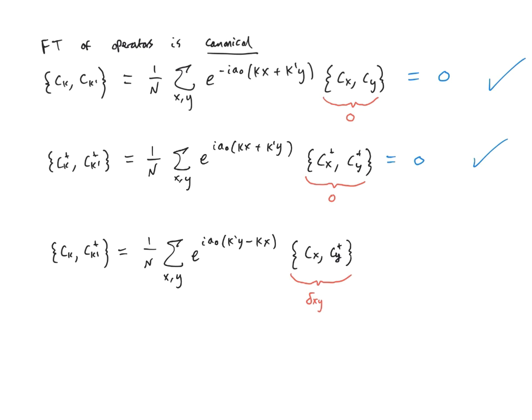And so, because of that Kronecker delta in there, that collapses this double sum to a single sum, and I just get 1 over n of the sum over x of e to the i a naught of x, which is now a common factor, and then k primed minus k. So this is something much more subtle than the other two anti-commutation relations, because the other two were just 0 by construction.